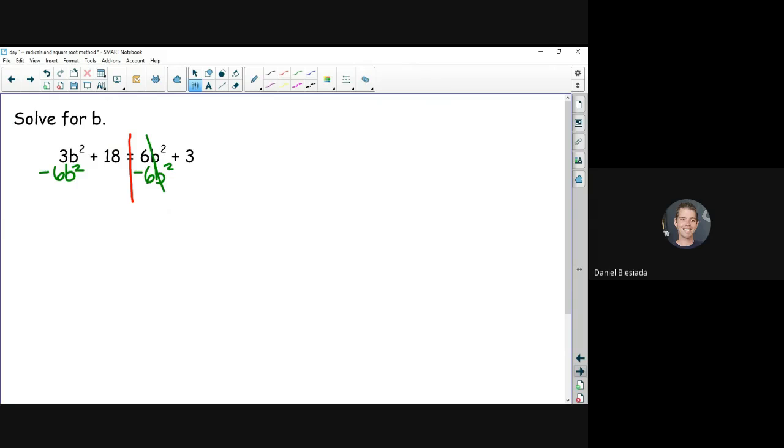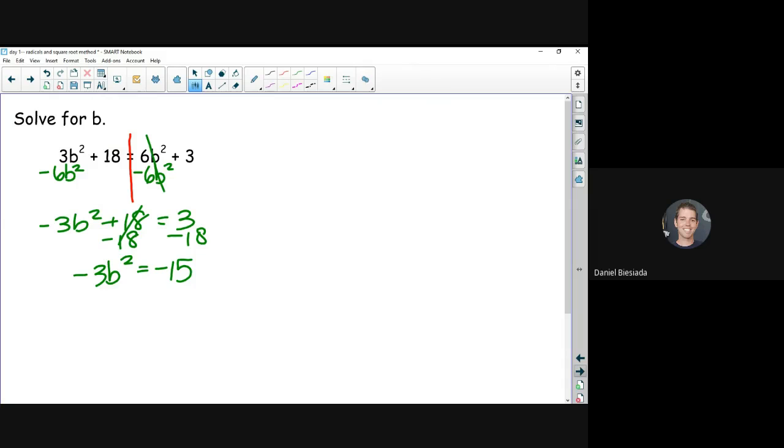Well, if that were the case, now I'm looking at 3 minus 6, which gives me negative 3b squared plus 18 equals 3. If my goal is to get b by itself, the next thing I'd want to do is subtract 18 from both sides. And once again, we're not quite ready to take the square root yet.